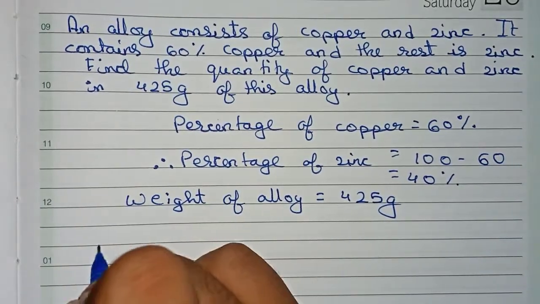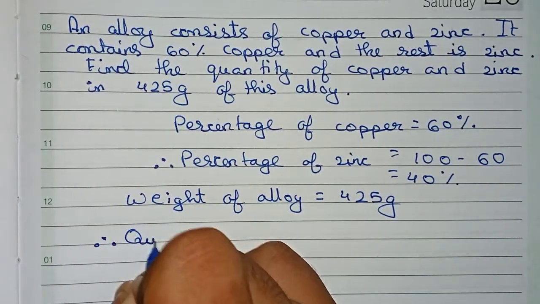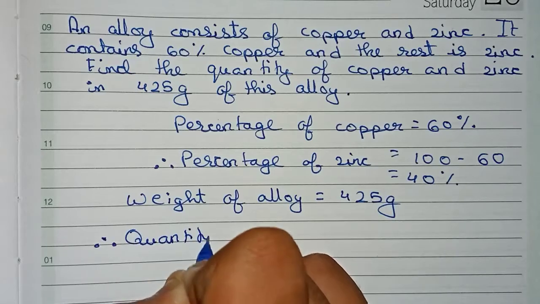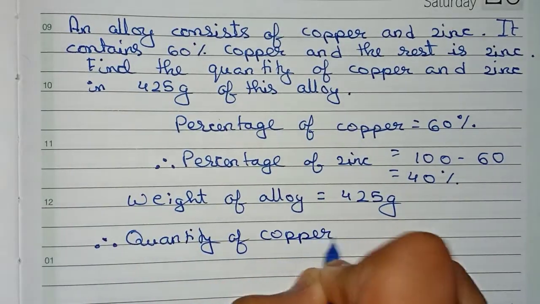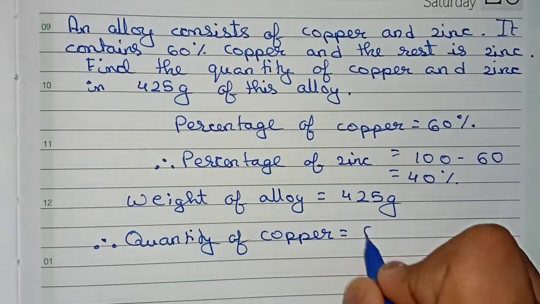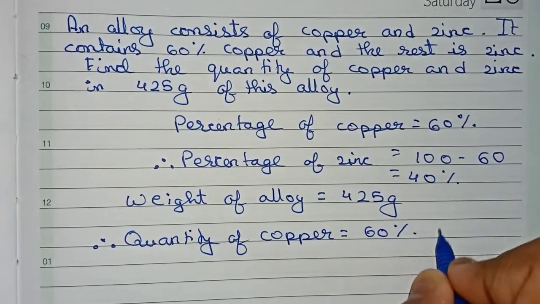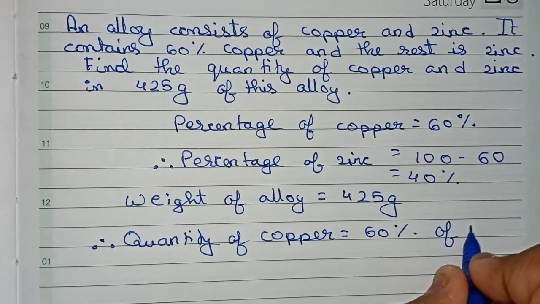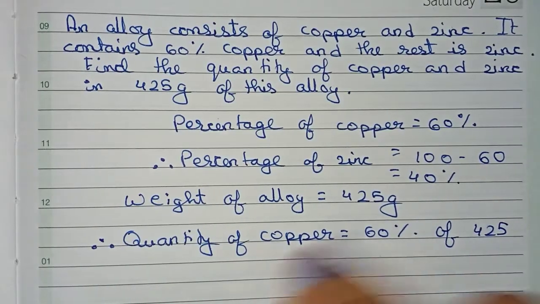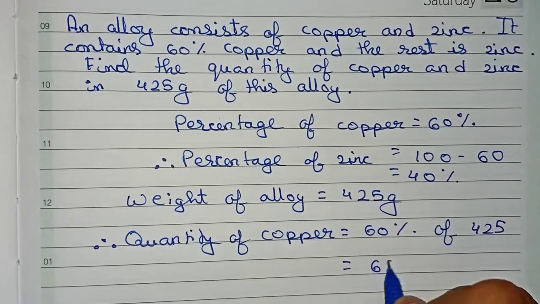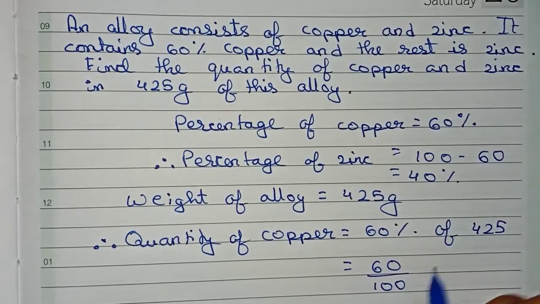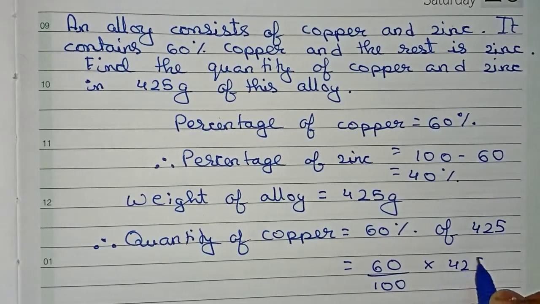Now I write the quantity of copper. First you find the quantity of copper. It will be 60%, which is the percentage of copper, of the weight of the alloy, that is 425. If we multiply this, we will get the quantity of copper. So it becomes 60 by 100 into 425.